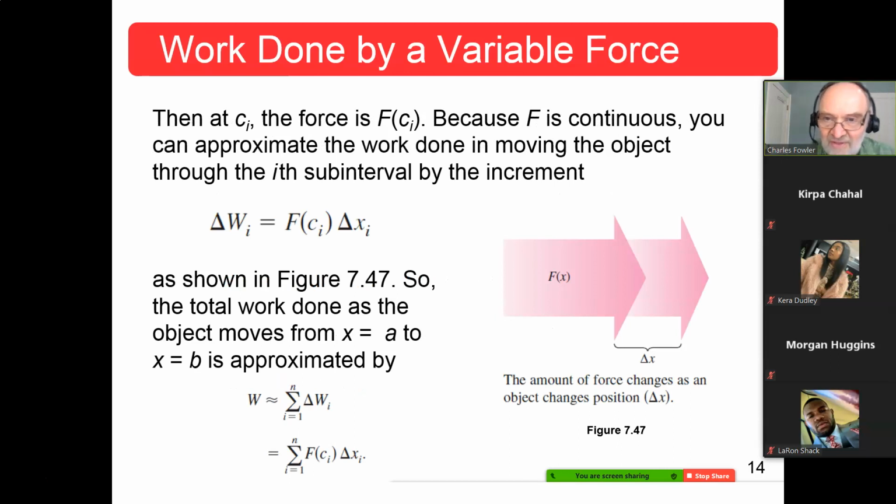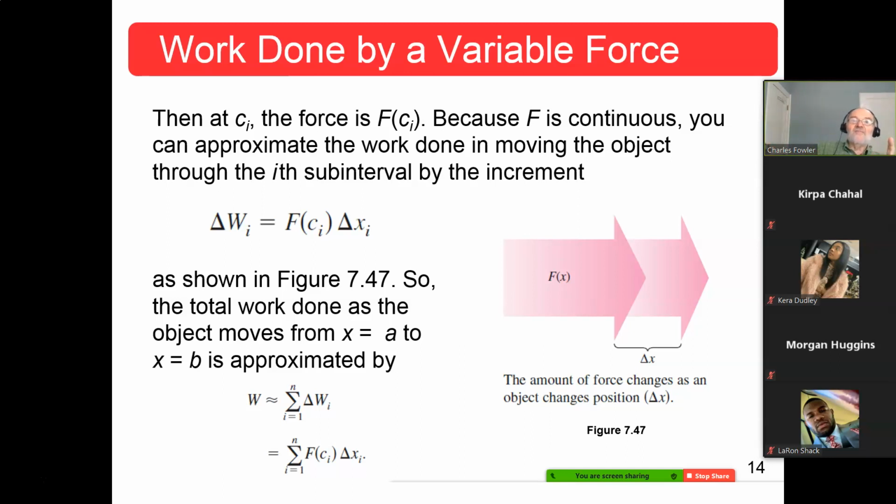Then at c sub i, the force there is F of c sub i. So if you have a small enough interval, the force between this place and that place isn't going to change a lot, but it'll change a little bit. That's a variable force. So we're just going to take F at that, let's call it a center value, though it doesn't have to be in the center.